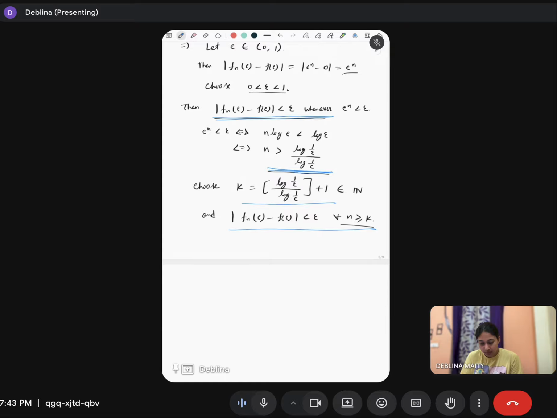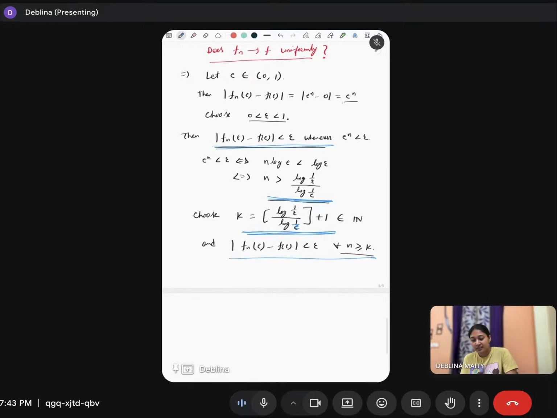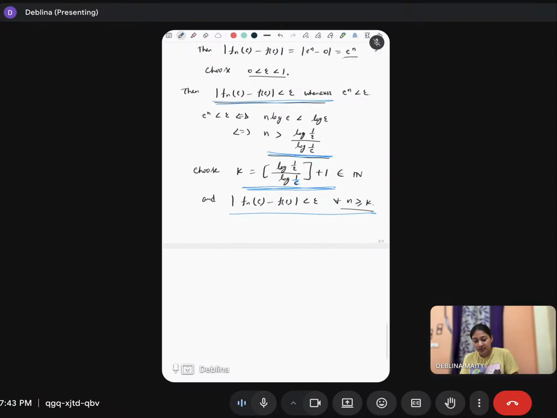Now we see that this number k depends upon the point, because it depends upon this c, a point in (0, 1). So this k we are getting depends upon the point and on epsilon also. So this convergence is not uniform.